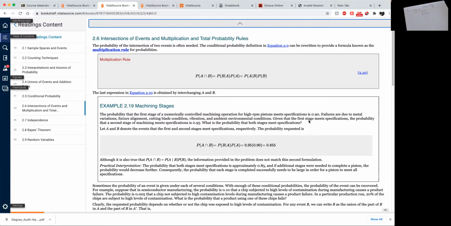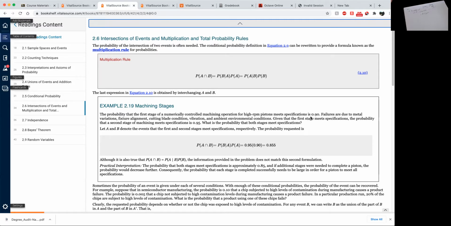Given that the first stage meets the specification, that's the event A, the probability that the second stage of machining meets the specification is 0.95. Let's say event B denotes that the second stage meets the specification. Then P of B given A, that the first stage has already met the specification, is 0.95. So 0.95 represents the conditional probability.